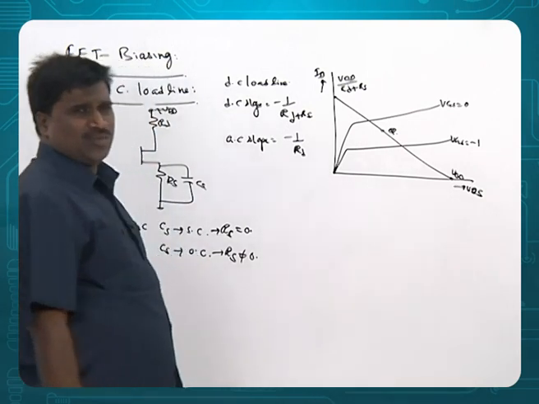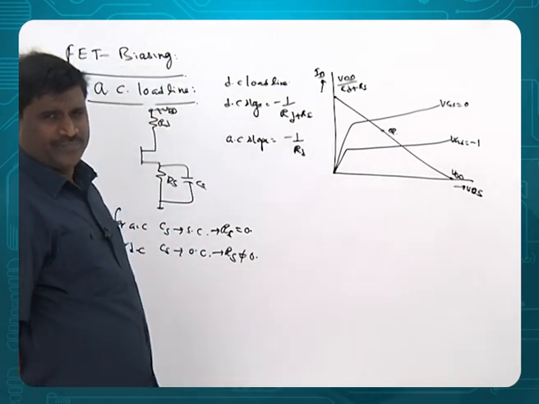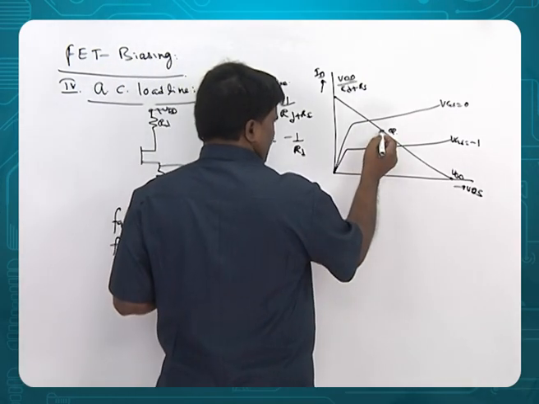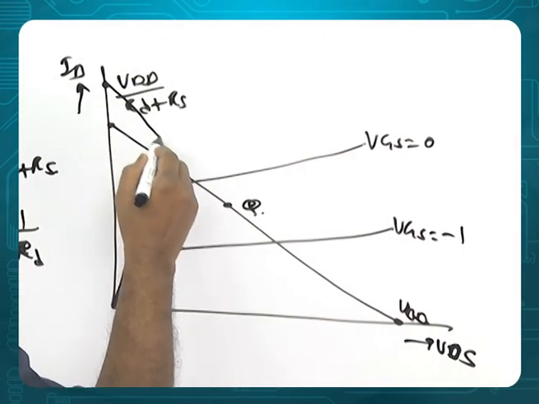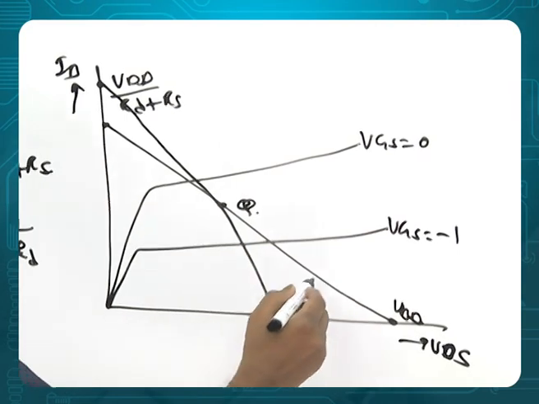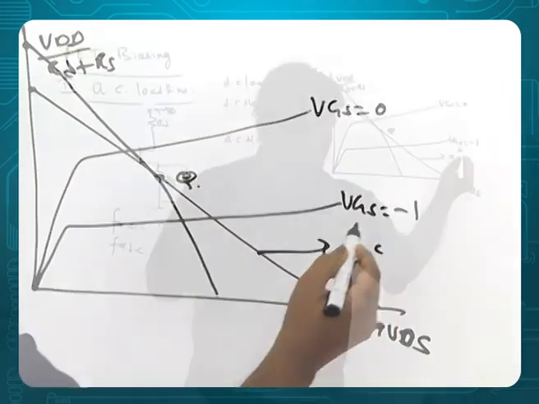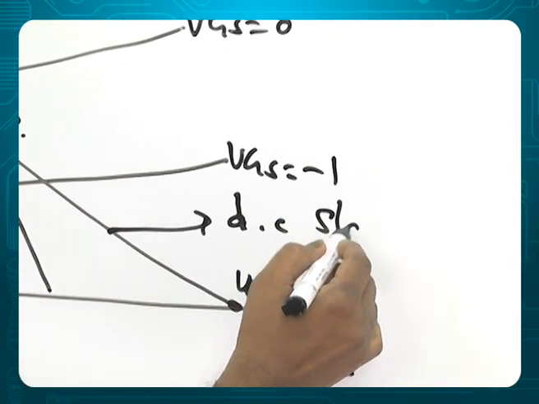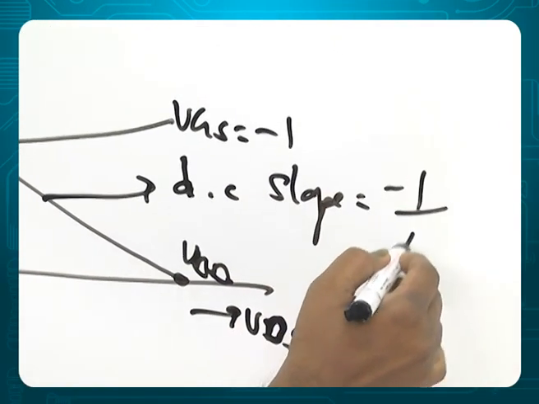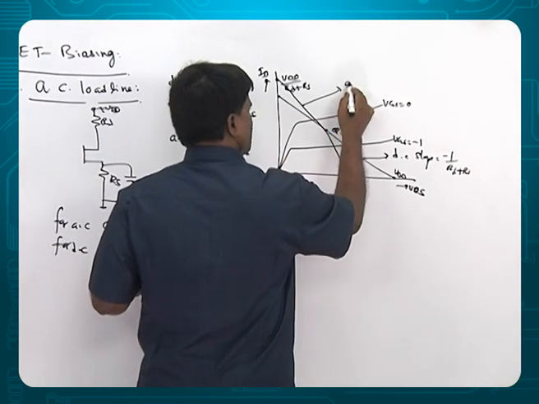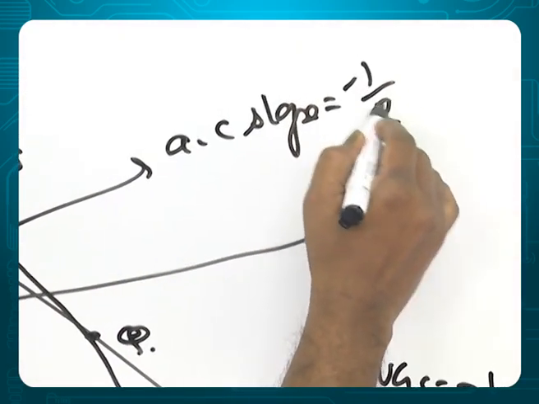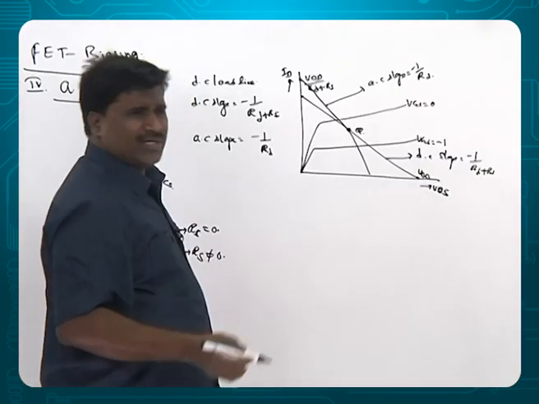Suppose I take the Q point here and the AC slope will pass through this one. This is the DC load line with the DC slope 1 by RD plus RS. AC slope 1 by RD. Now what is the Q point?